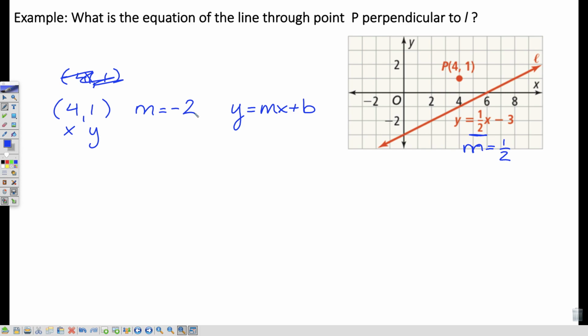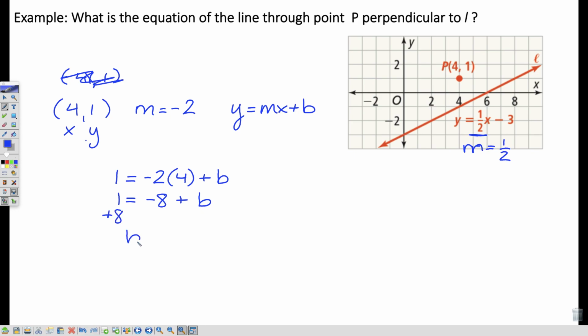Flip it. So now I have my slope and I have my x, y. Can I find my equation? Okay, what's y? 1 equals -2 times 4 plus b. So 1 equals -8 plus b.